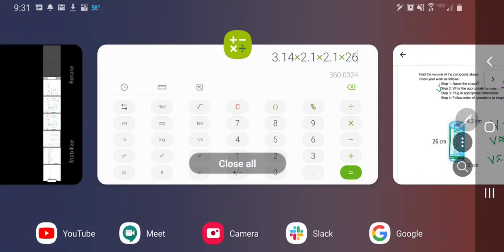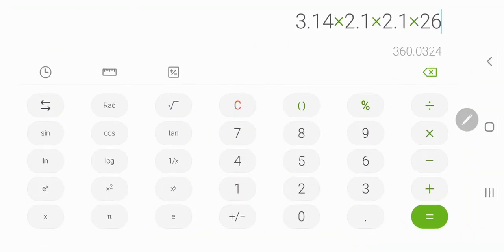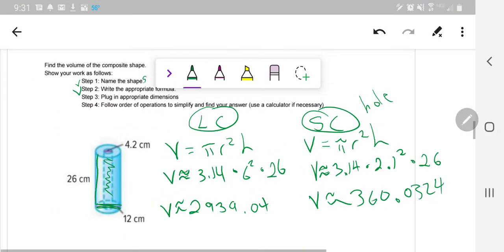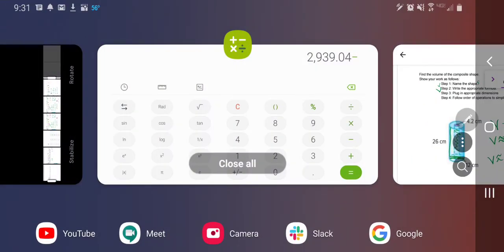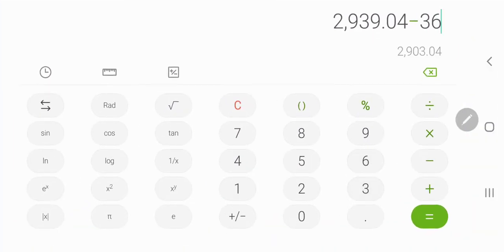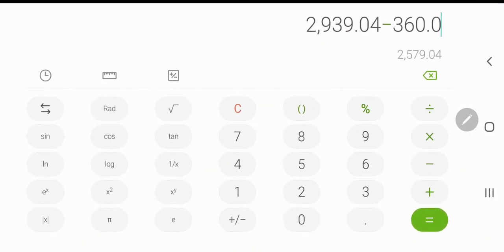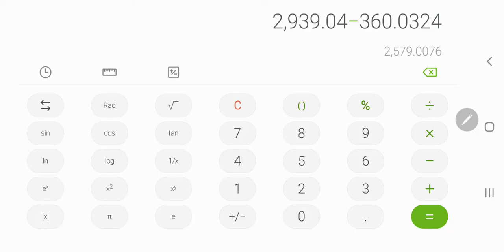2,939.04 minus 360.0324. And our final answer is going to come to 2,579.0076.